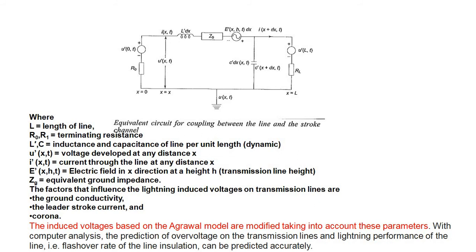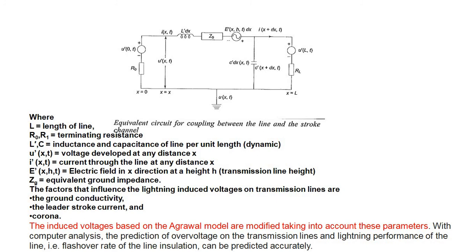It is connected to the equivalent circuit in the form of a mathematical model, where L is the length of the line, R0 and R1 are terminal resistances, L' and C' are the inductance and capacitance of the line per unit length, U'(x,t) is the voltage developed at any distance x, I'(x,t) is the current through the line at any point x, E'(x,h,t) is the electric field in the x direction at the transmission line height h, and Zg is the equivalent ground impedance.